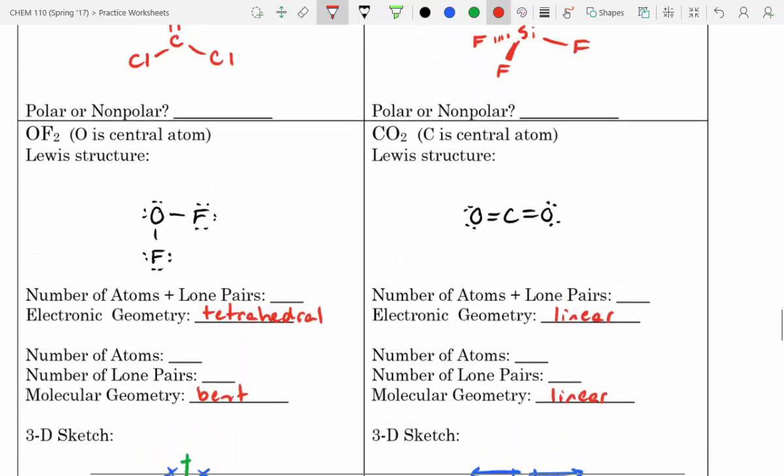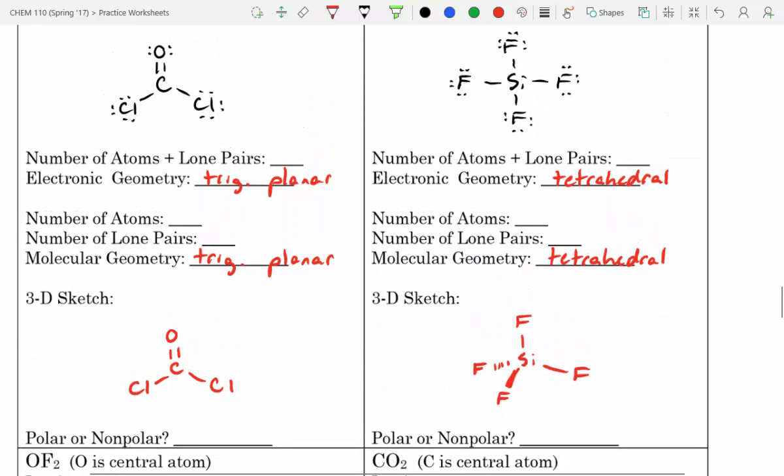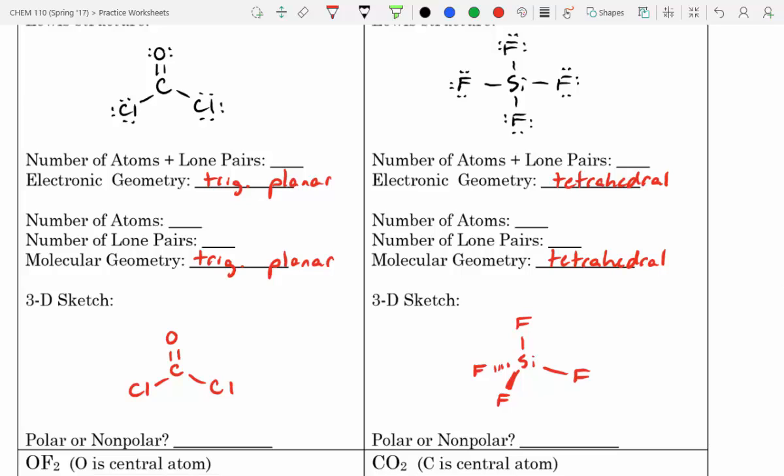Okay, let's go back up. Let's take a look at silicon tetrafluoride. What's more polar, fluorine or silicon? Fluorine, so we can say, okay, individual bonds do have an imbalance of electron density. But do you guys think this has a net overall dipole? Why not?